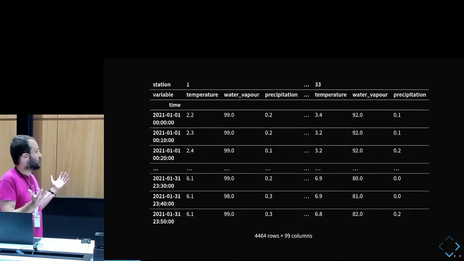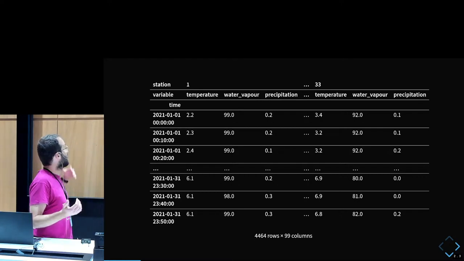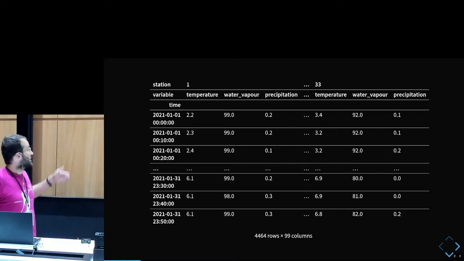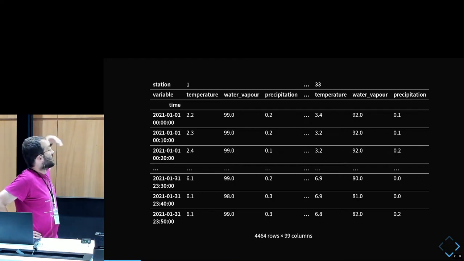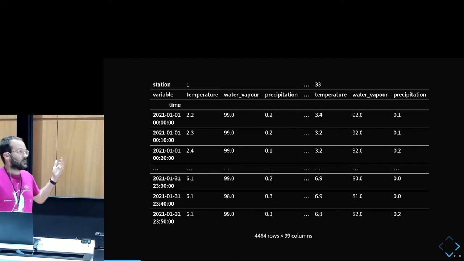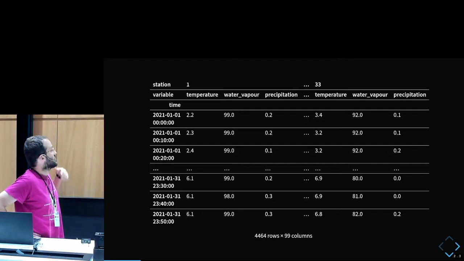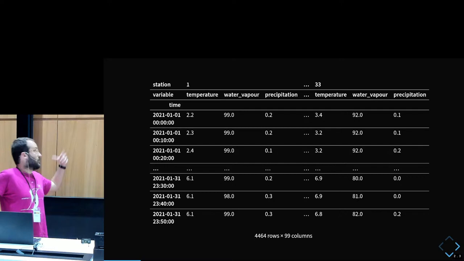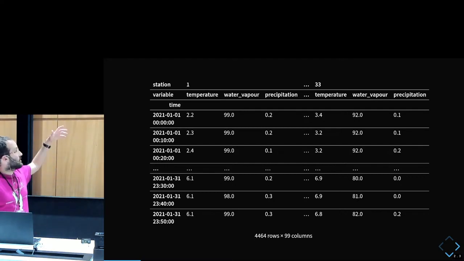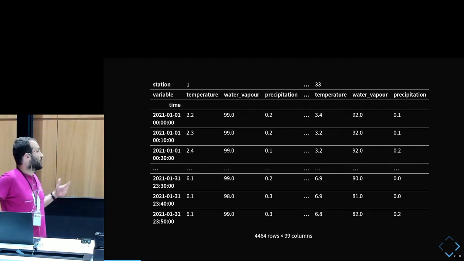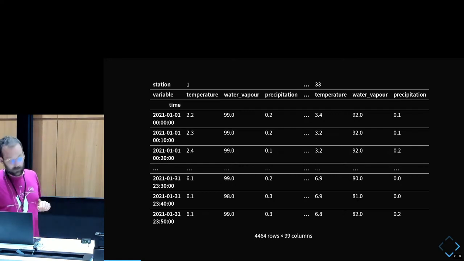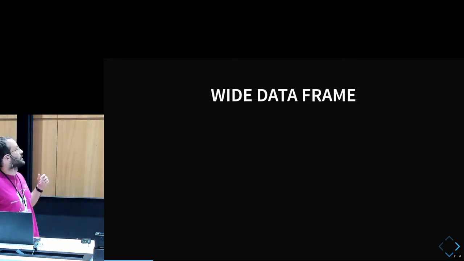This would be the first example: a pandas data frame in which we have each time step in the index, and a multi-column index in the columns, with the station at one level and the variables that we want to measure at the other level. For 33 stations and these 3 variables, this is what the data frame would look like.